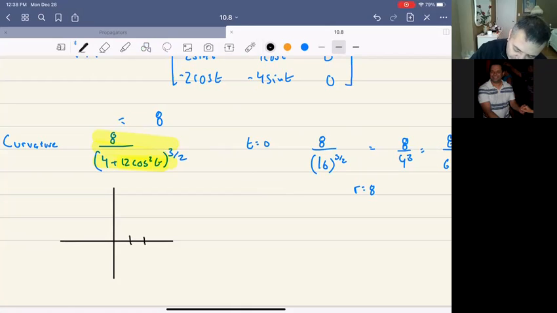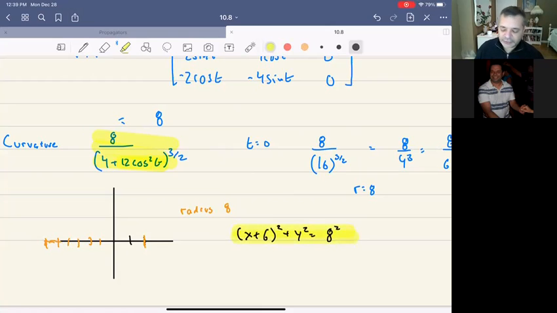We have a circle here touching it, with a radius of 8 on this side, so it's going to be centered over here. So it's going to be (x plus 6) squared plus y squared equals 8 squared. Okay, so that's the first one.